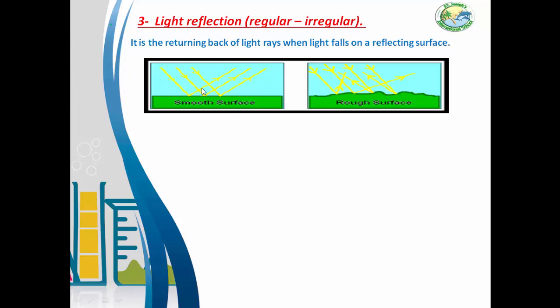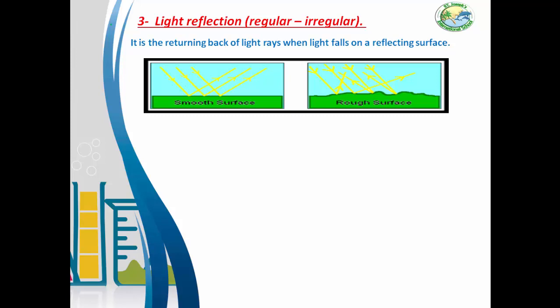If you look at this picture, you will find that all the light rays are reflected in one direction. So again, regular reflection is the reflection of light when it falls on a smooth reflecting surface, and the light rays are reflected directly in one direction.